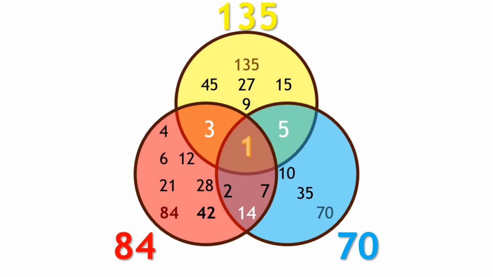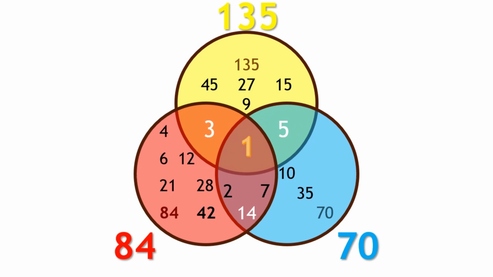This is yet another Venn diagram, but this time representing the factors of 84, 135, and 70, just like in example D. 3 and 1 are the common factors of 84 and 135. 1 and 5 are the common factors of 135 and 70.